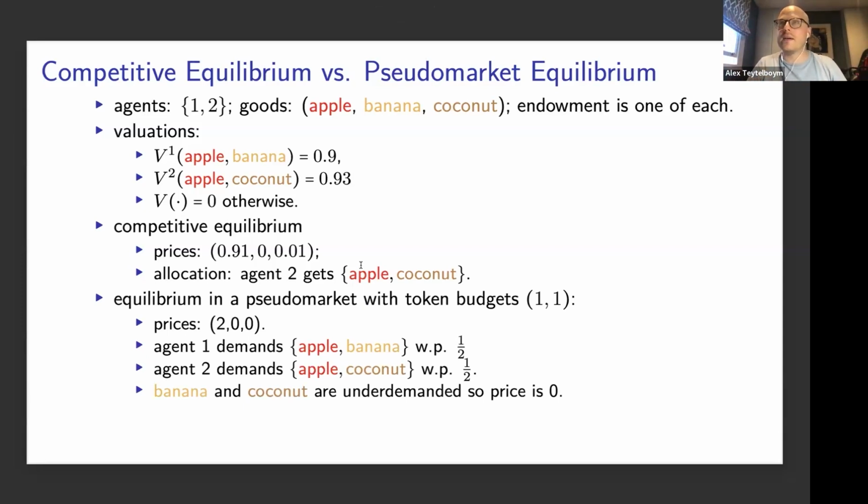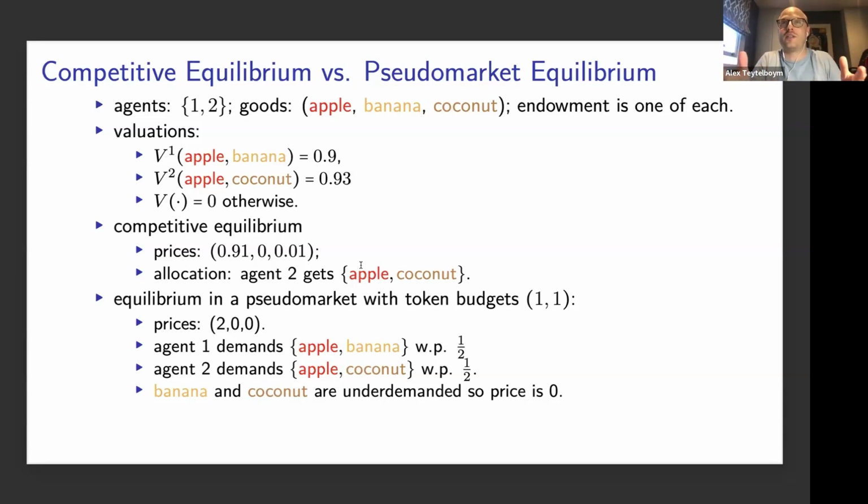So at these prices, agent 1 looks at these prices and he says, okay, well, the apple costs 2. I only have 1. The banana is free. I want the apple and banana bundle. What does the apple and banana bundle cost me? It's the price of the apple plus the price of the banana, which is 2. But I can't afford a 100% probability of that bundle.